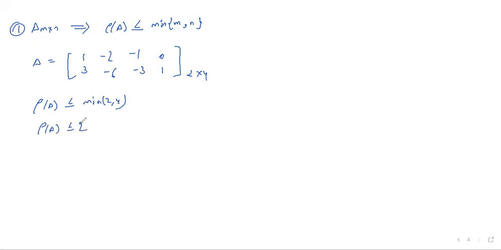Okay, so if we look from the minor concept, there are 2 cross 2 minor matrices in this matrix. Like the minor matrices are 1 3 minus 2 minus 6. We have to take out the minor matrices here, which are minus 2 minus 6 minus 1 minus 3.